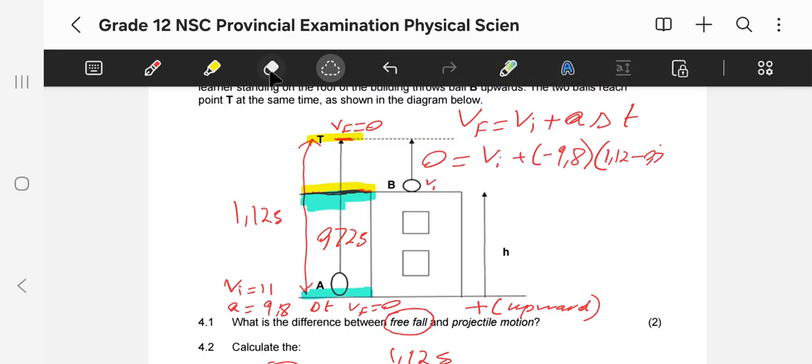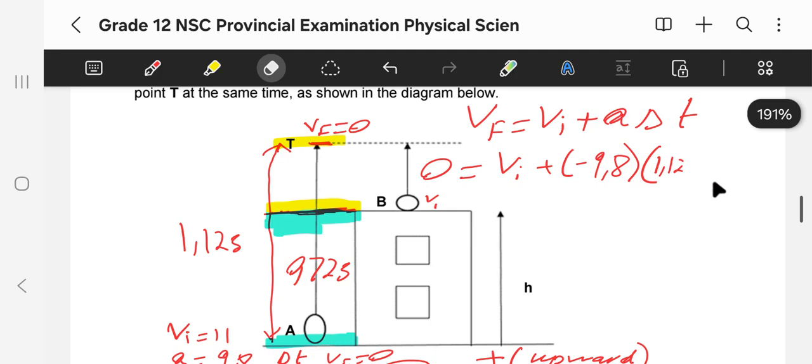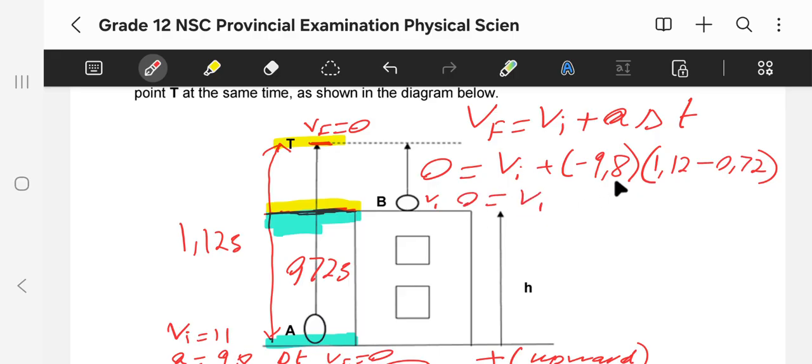So with this one we will have 1,12 minus 0,72, and from here we can let the calculator do the job. I'd have 0 is equal to Vi. I don't know what the answer is here. Let me just calculate it.